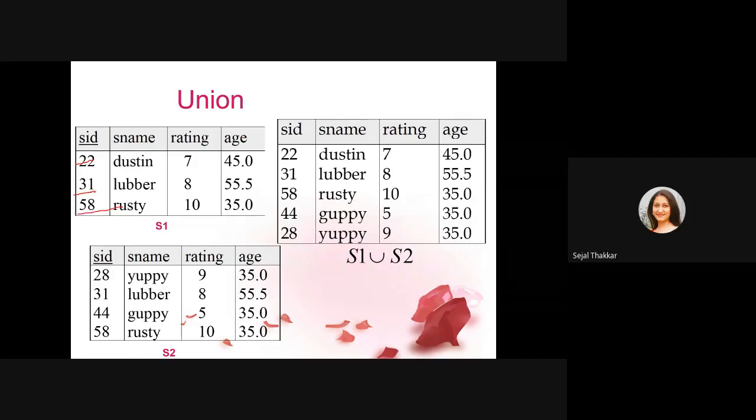Here 28 will come, 31 is already there, so it is not going to be duplicated because we have already written it. 44 will come because it is single time. 58 will not come because 58 is repeated here. So 22, 31, 58, 44 and 28 come. All the rows from all the tables will come and it will remove or eliminate the duplicate values.